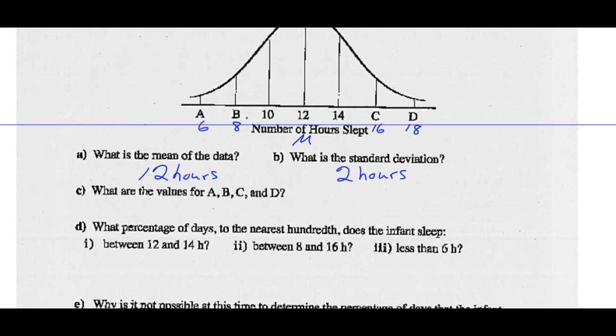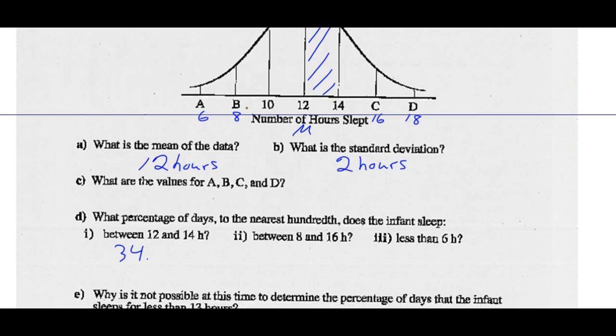What percentage of days to the nearest hundredth does the infant sleep between 12 and 14 hours? So what is the area under that curve? If you go back and look on the last page, that was about 34%. So 34.13%. What percentage of days to the nearest hundredth does the infant sleep between 8 and 16 hours?